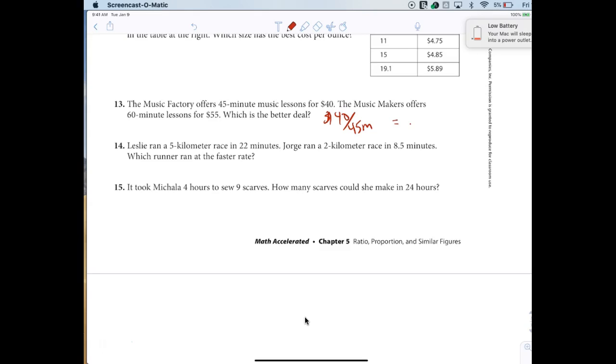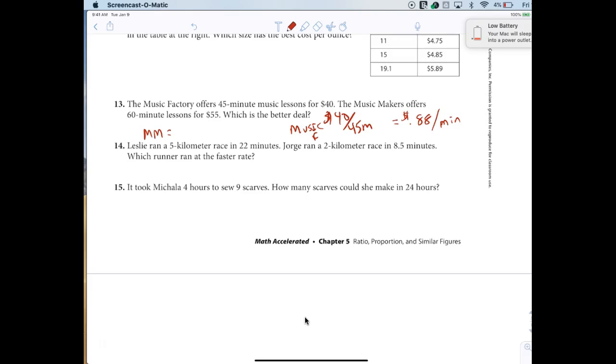0.88 what? Cents. Per... Oh, per. Come on. All right. That's the first one, which is the Music Factory, right? And what's the other one going to be? The Music Maker.